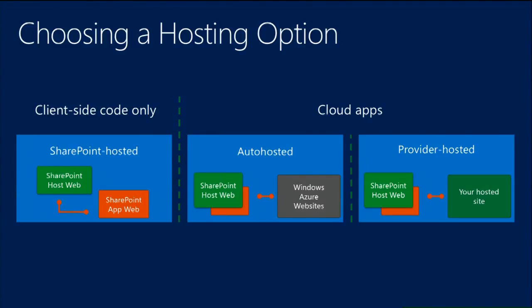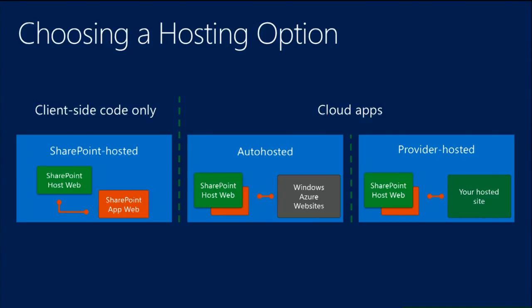as the data in it grows. Whereas the Office team has worked on this other model that they call auto-hosting. So every time the app gets installed on a SharePoint site, instead of it connecting to a central provider-hosted server, SharePoint will take the web package that's part of the auto-hosted app and deploy it to Windows Azure websites.